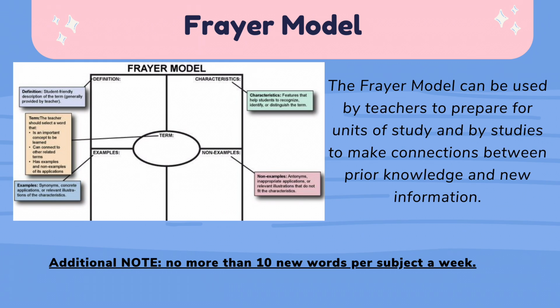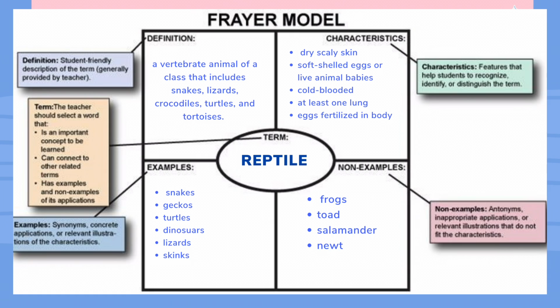So as you're planning your vocabulary instruction, I want you to consider using the Frayer model. The Frayer model is not only effective in our instruction, but it's very effective for teachers as they're planning out their instruction. This model is a simple and effective tool that can be used in a vocabulary instruction that is built upon routine.